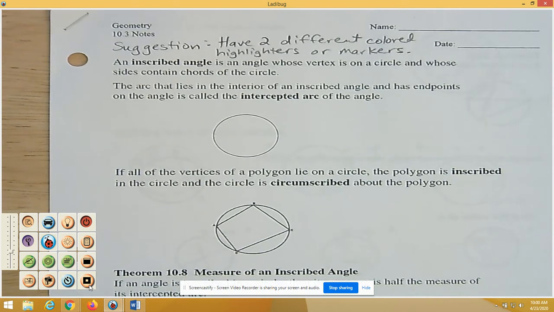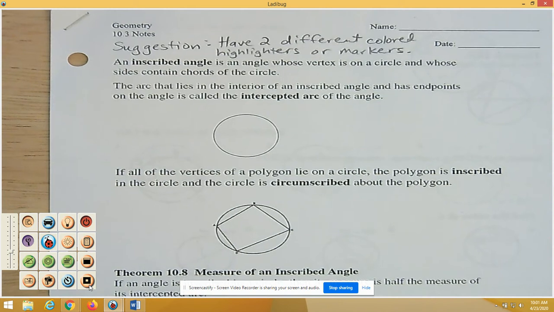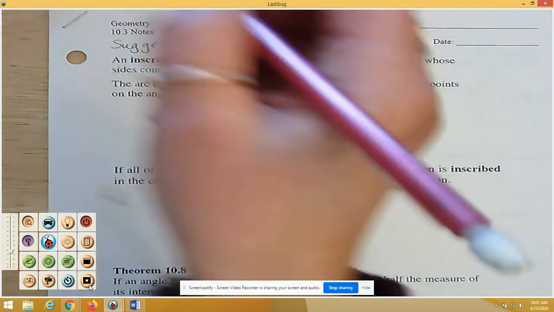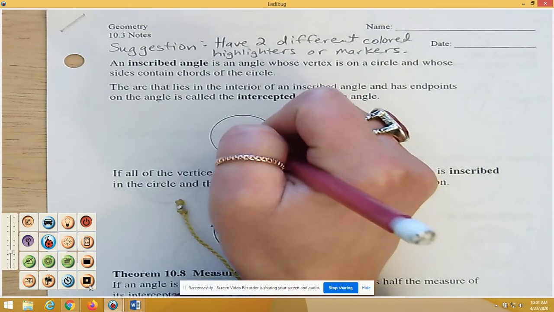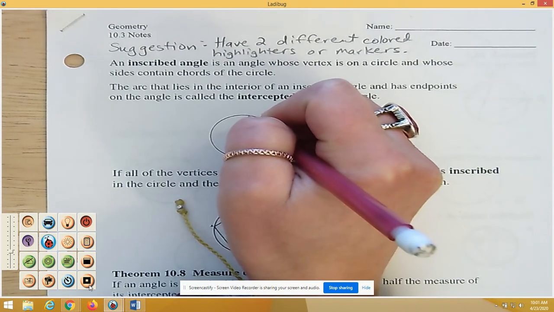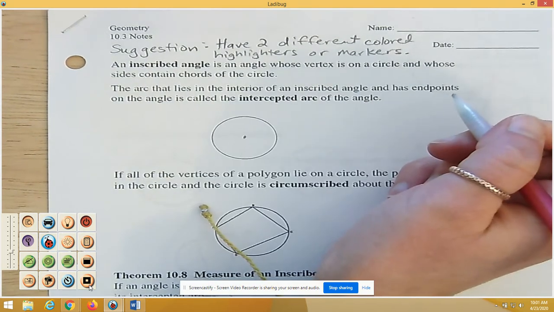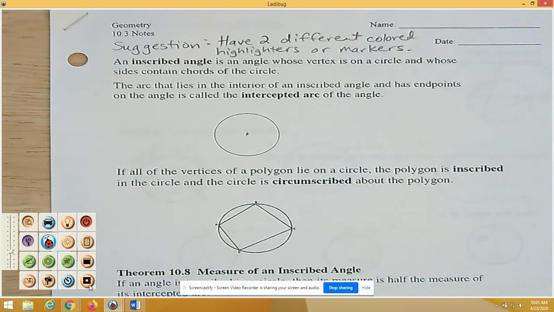So today we're going to be talking about an inscribed angle and different theorems pertaining to those in a circle. So a central angle, remember, would be if here is your center, it's just the angle that the two radii form with the center. An inscribed angle is different from that. So I'm going to use my highlighter here.